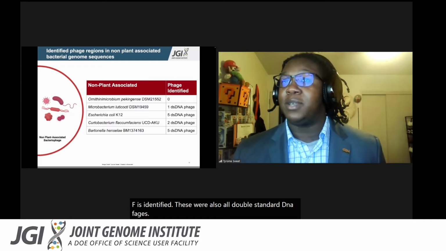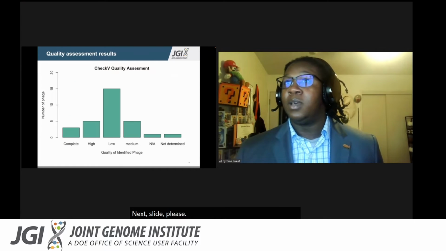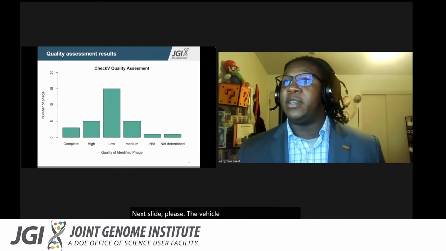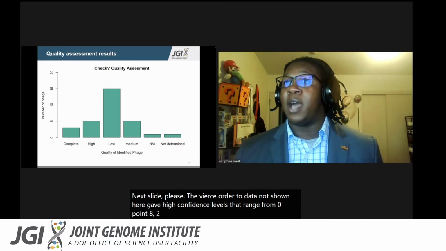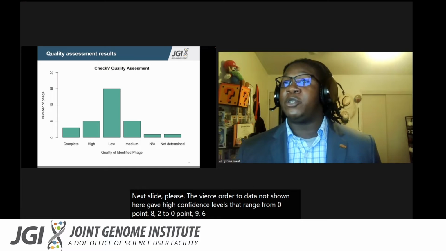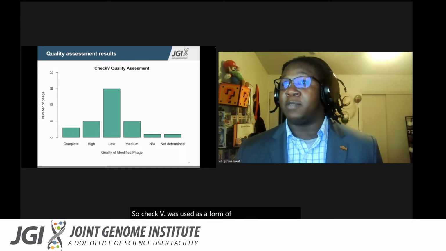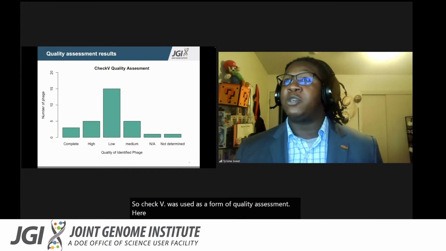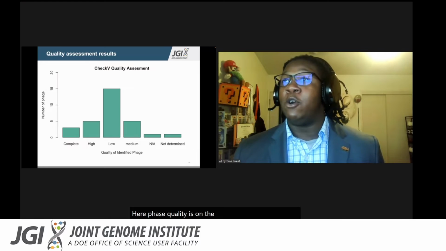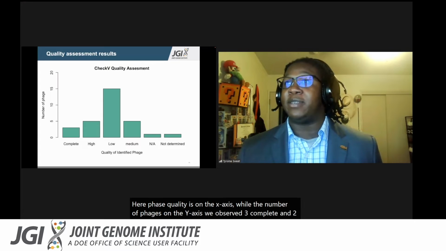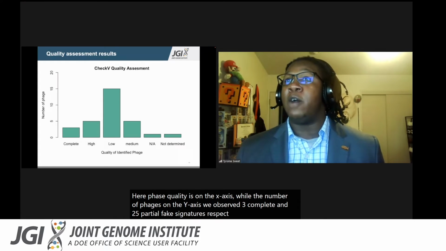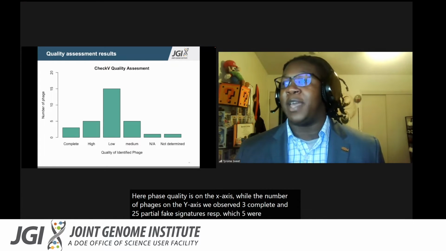The VirSorter2 data, not shown here, gave high confidence levels that range from 0.82 to 0.96. So CheckV was used as a form of quality assessment. Here, phage quality is on the x-axis, while the number of phage is on the y-axis. We observed 3 complete and 25 partial phage signatures respectively, of which 5 were high quality phages.